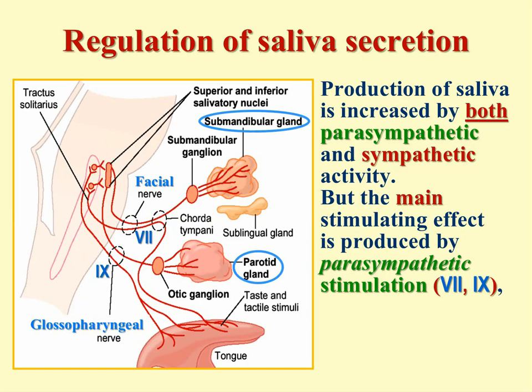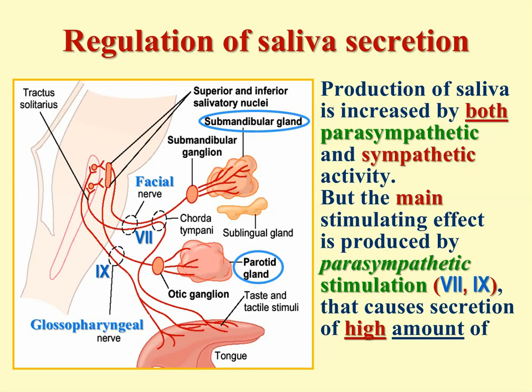And if you remember, chorda tympani is the parasympathetic nerve that dilates vessels of the corresponding salivary glands, so that it produces the basis for greater filtration of blood plasma into the lumen of the salivary glands and contributes to greater production of saliva. So, as a result of parasympathetic stimulation, a high amount of very fluid saliva is formed.